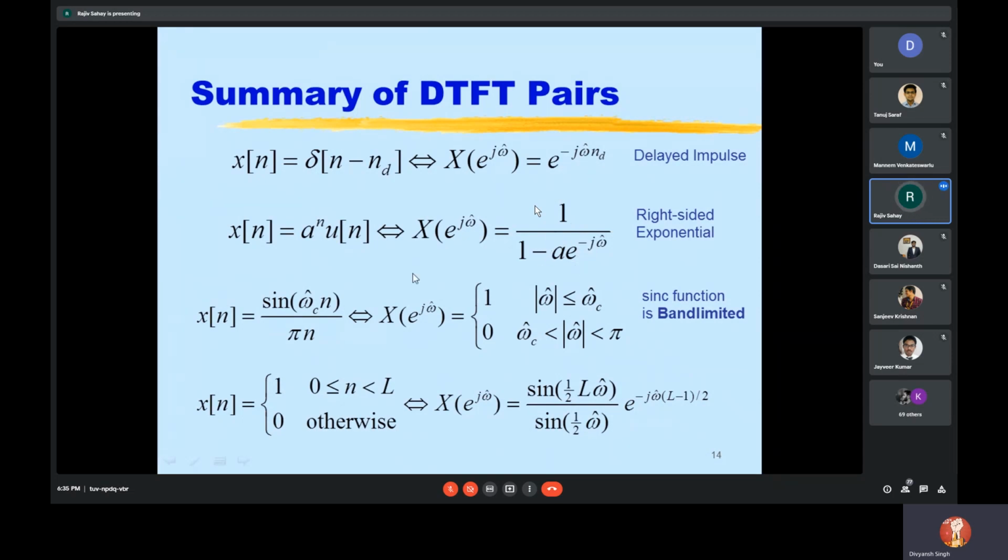It has this closed form expression. And for the sinc function in the time domain, you have the rect function or band limited rect function. So the sinc function is band limited. And if you have a pulse of unit magnitude, which is from 0 to L minus 1, then the L point pulse, you get this particular form of the DTFT.